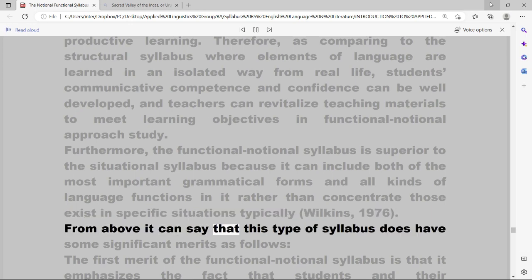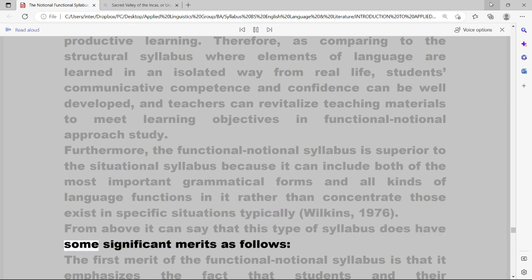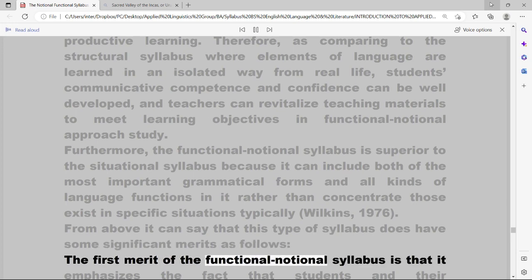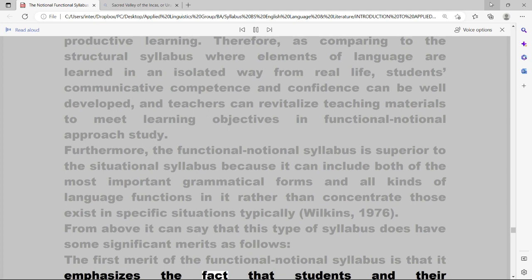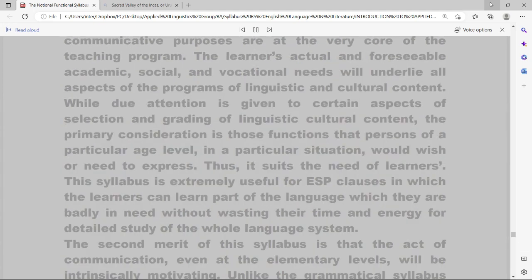From above it can be said that this type of syllabus does have some significant merits as follows. The first merit of the functional notional syllabus is that it emphasizes the fact that students and their communicative purposes are at the very core of the teaching program. The learner's actual and foreseeable academic, social, and vocational needs will underlie all aspects of the programs of linguistic and cultural content.